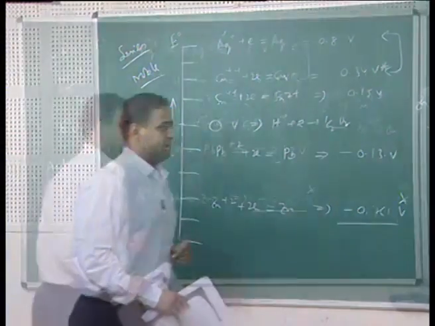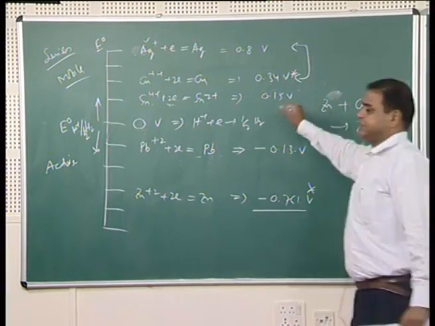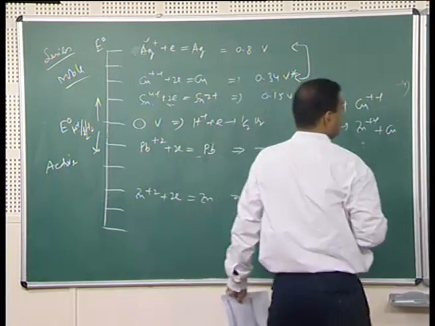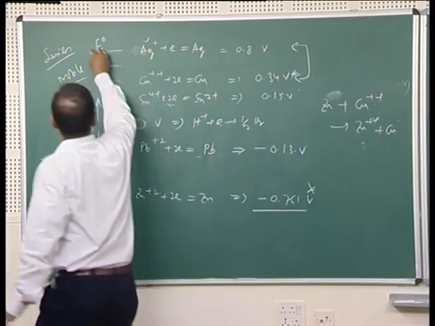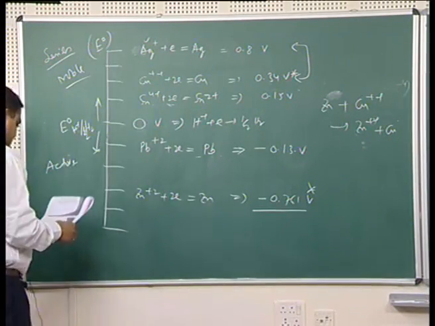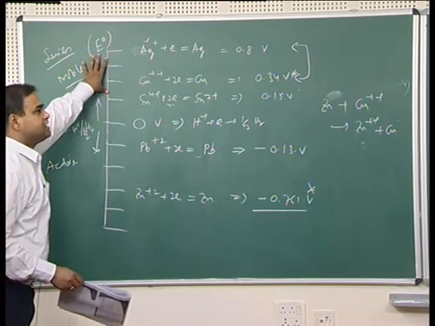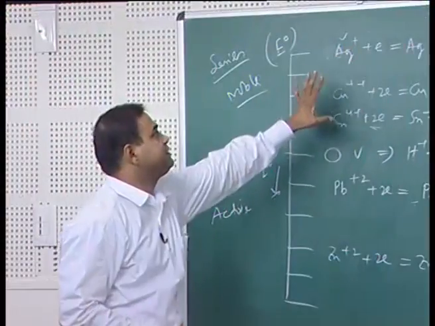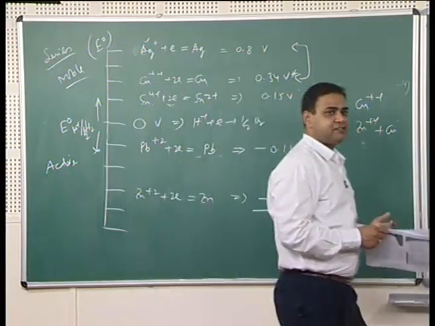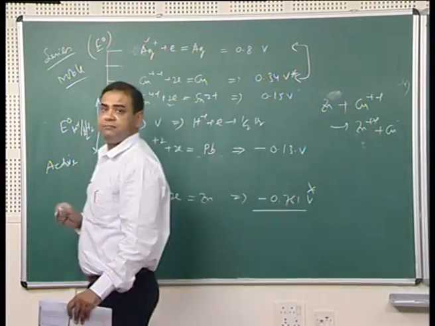This information we get, but we cannot get much information from this. What are the things we cannot get from this? Here we consider E0. If it is E0, that means it is a standard condition. At the same time, the activities of those ionic species may not be 1.